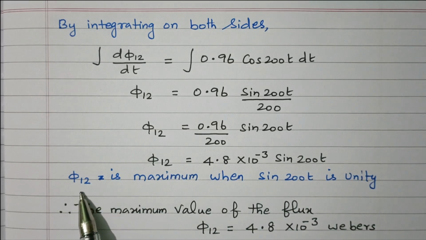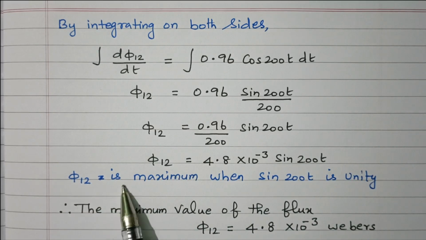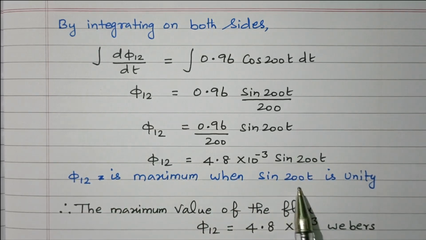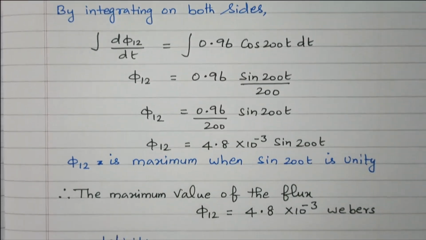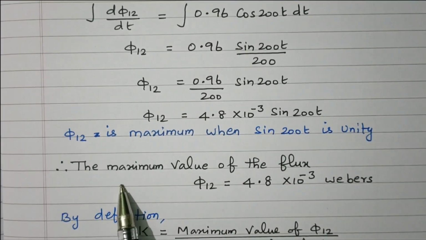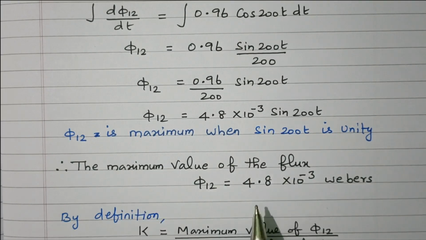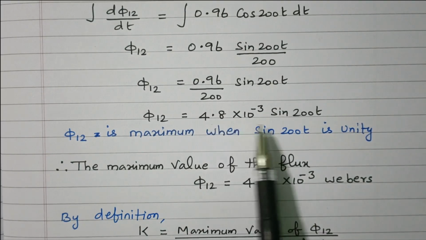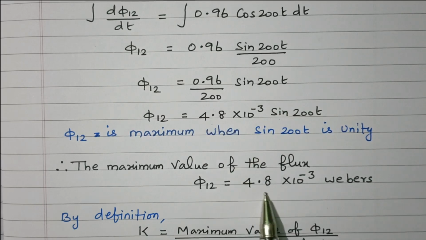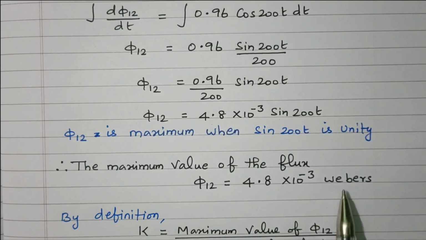Now we need to find the maximum flux in the second coil. φ12 is maximum when sin 200t is unity. When this term is unity, we get the maximum value of the flux, which is 4.8 into 10 to the power minus 3 Webers.